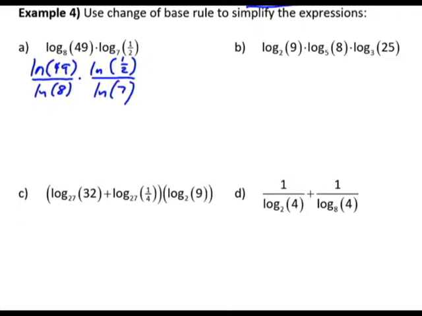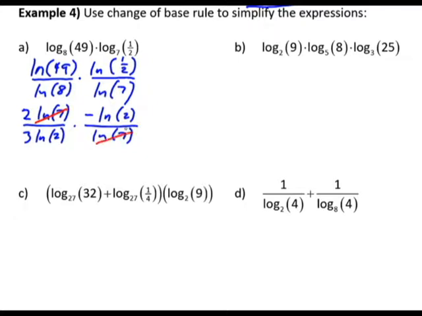Next, I'm going to use the exponent rule to simplify some of these expressions. Conveniently, this means I can now cancel some of these logs. Log of 7 cancels with log of 7. Log of 2 cancels with log of 2. And we're left with negative 2/3.